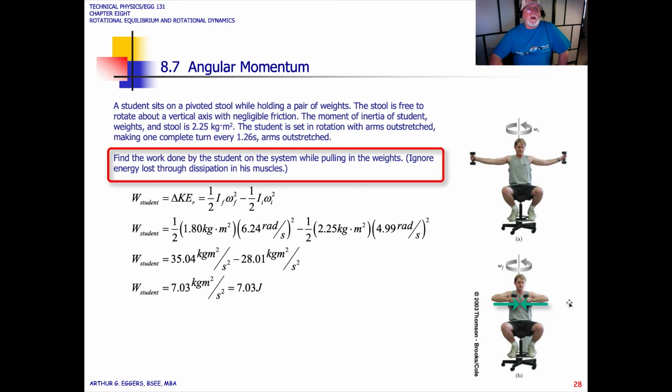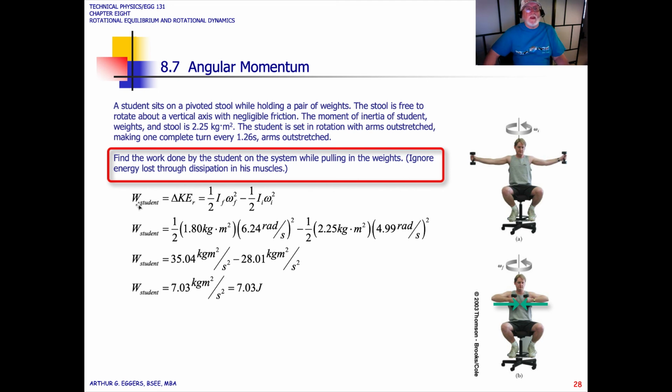Now they want us to find the work done by the student on the system while pulling in the weights. Ignore energy loss through dissipation in his muscles. There are things that you can certainly build in, like friction and air resistance. Now they're saying ignore the energy lost in his muscles.